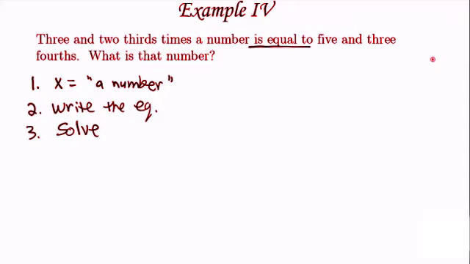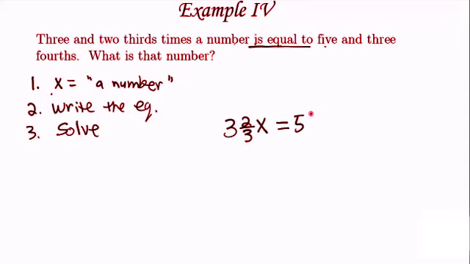Now that I found my equal sign, I'm going to start with the left side of the equation. 3 2/3 times a number. 3 2/3, and this is times, so I need to multiply times a number. And we said that the number is going to be represented by x. So 3 2/3 x equals 5 3/4.